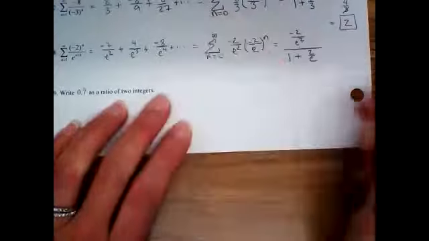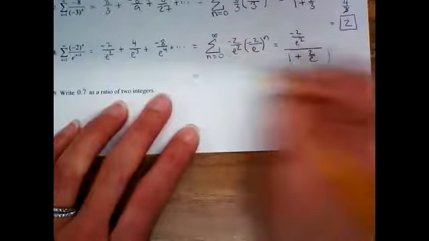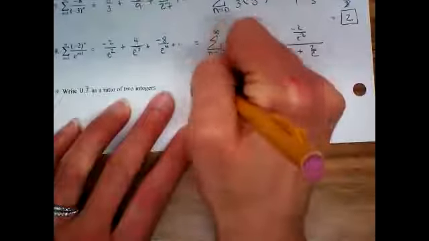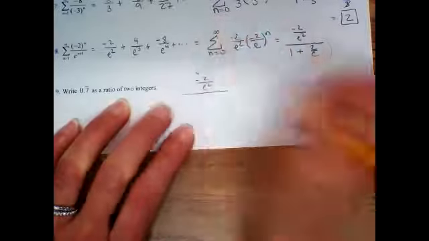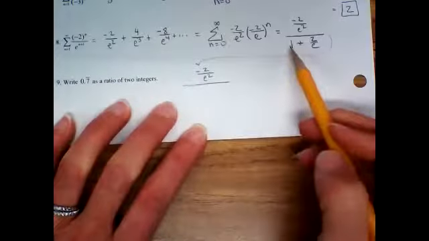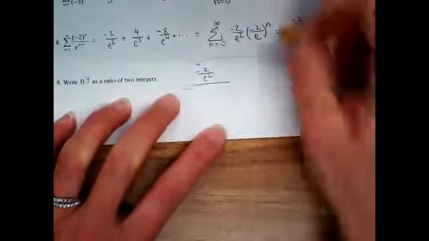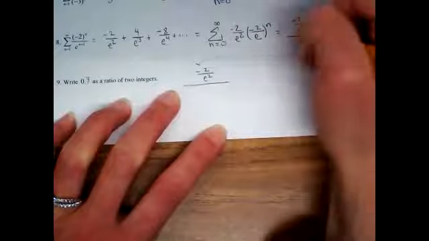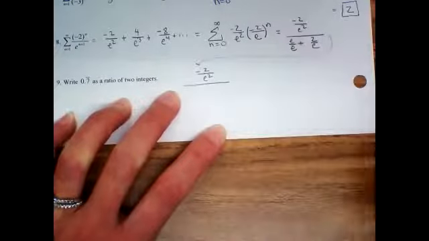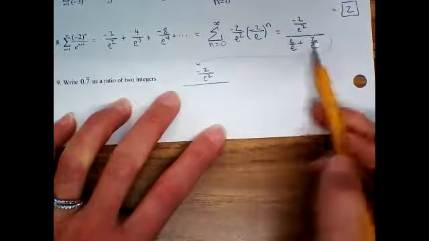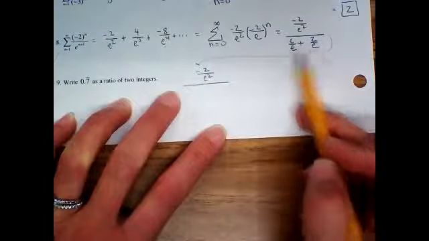I'm going to have to come down here because I ran out of room. So -2 over e squared over, I'm going to think of that 1 as e over e. Why would I do that? Yeah, like a common denominator.